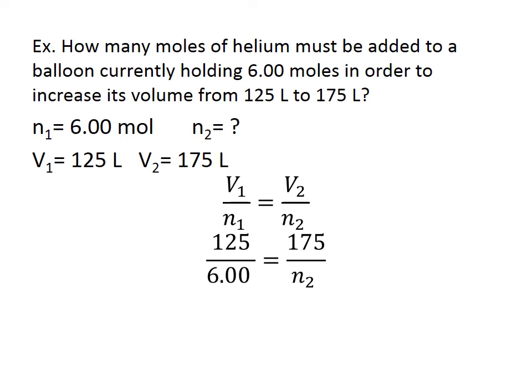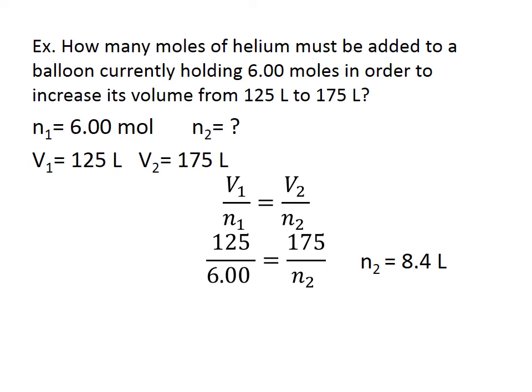So it's going to be 175 times 6.00 divided by 125, and that gives us 8.4. So that means we have to increase the number of moles from 6.00 to 8.40.